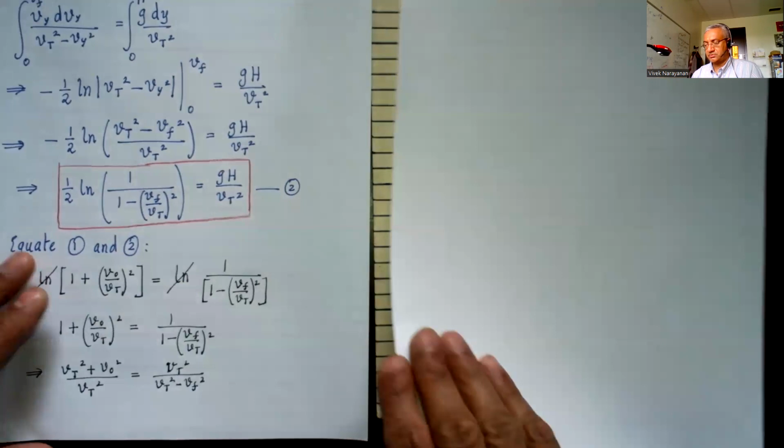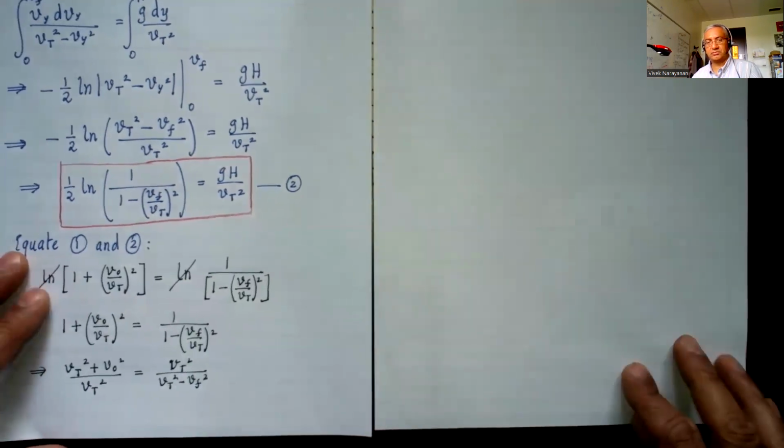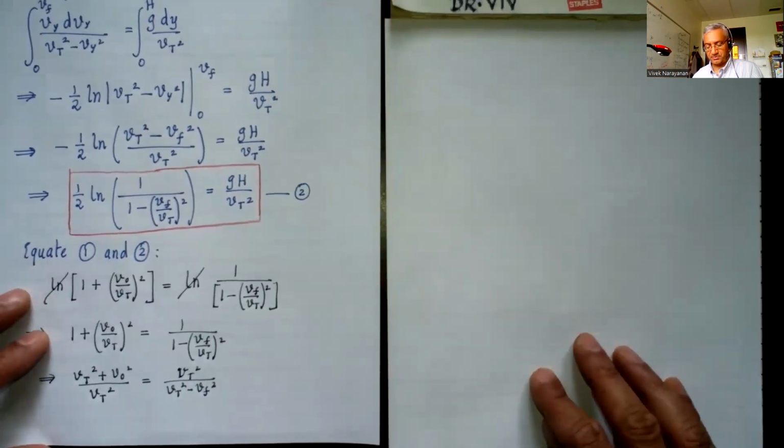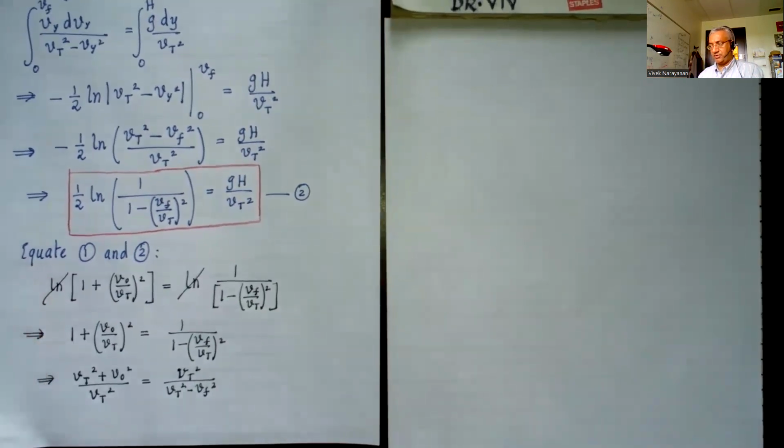Now, what I'll do is simplify. One way to simplify is to cross multiply, I guess. So I'll bring this term to this side and take that term to that side, and then take this term to this side.